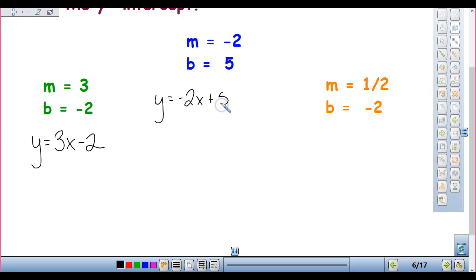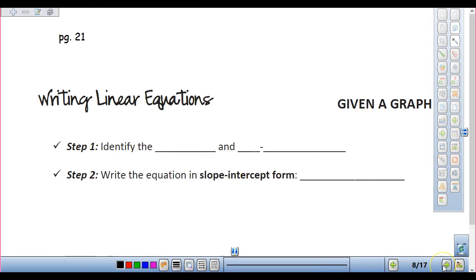Negative 2x plus 5, good. And Brian, what do I have for this one? Good. Okay. Decent? Yeah? Alright, turn to page 21, because I think this is the harder part.